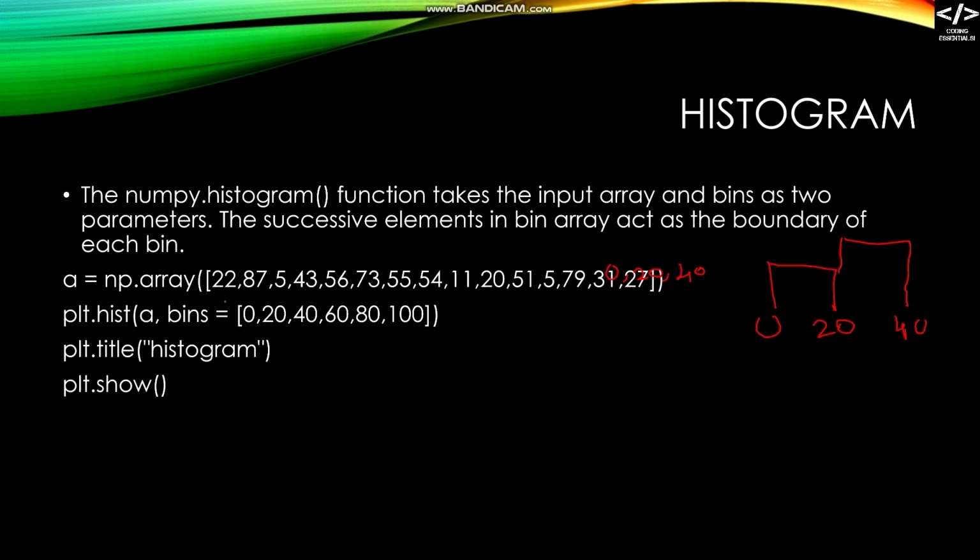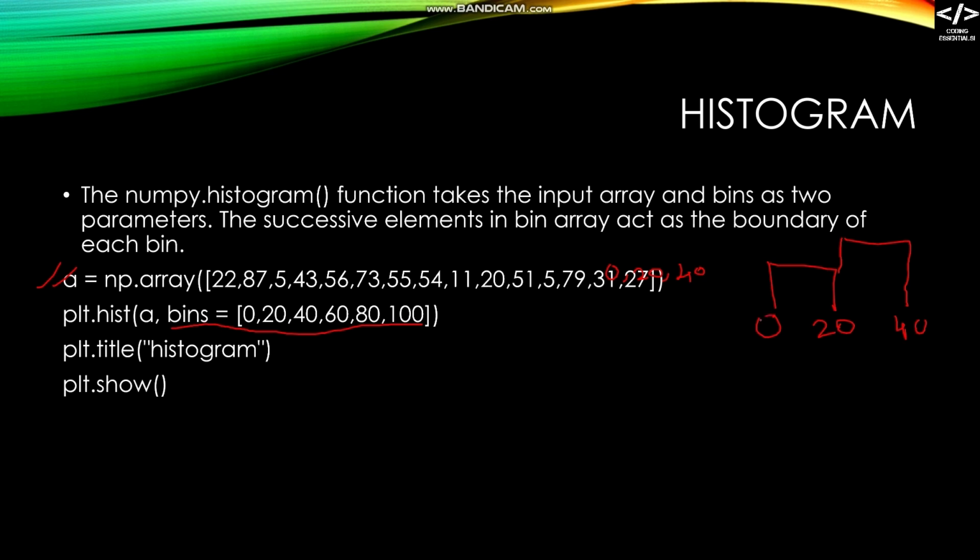And a equals this array, a 1D array with values, so it should be 1D. And plt.hist will take a comma bins equals this. So for bins, give the range values you want in the histogram.